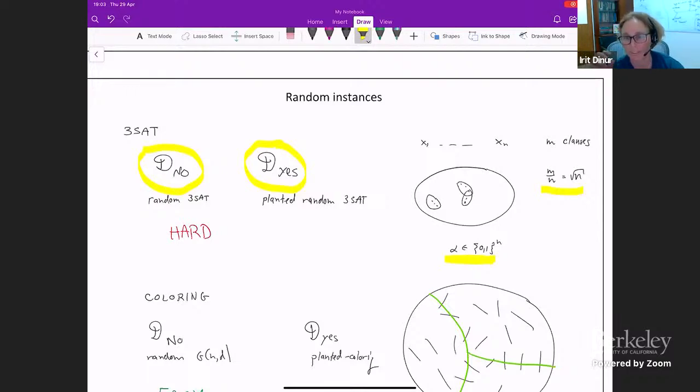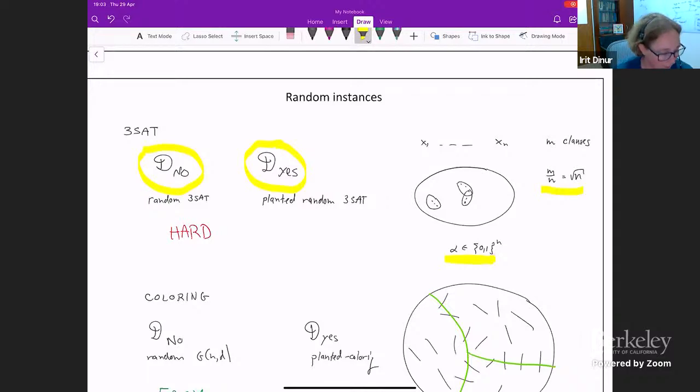So the negation pattern is random, but it's not allowed to be the pattern that alpha has. Basically, you select random clauses so that alpha remains a satisfying assignment. Okay, so you get these two distributions, and now there are various conjectures that say that it's hard to distinguish between these two distributions.